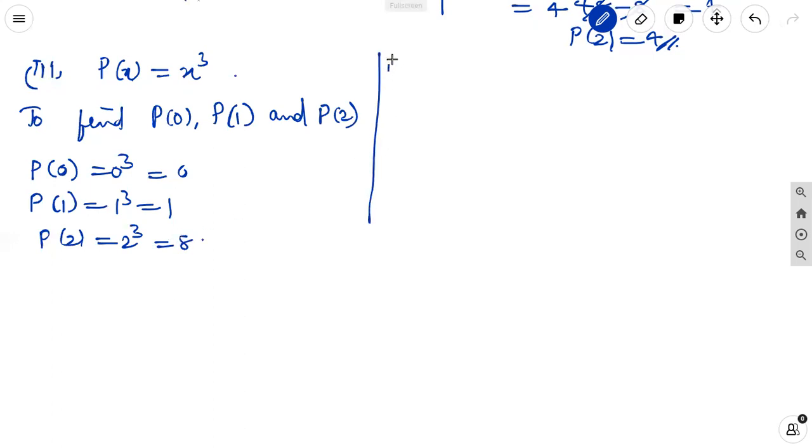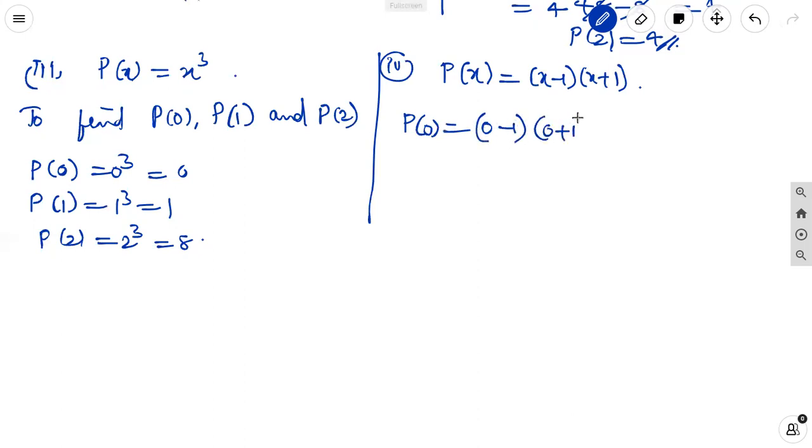Fourth one. P of x equal to x minus 1 into x plus 1. To find p of 0, in the place of x substitute 0: 0 minus 1 into 0 plus 1. It is minus 1 into plus 1, it is minus 1.